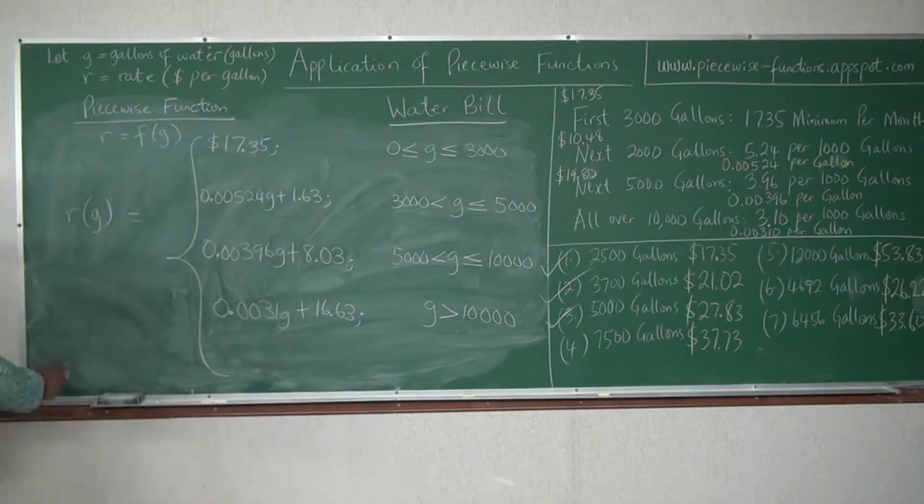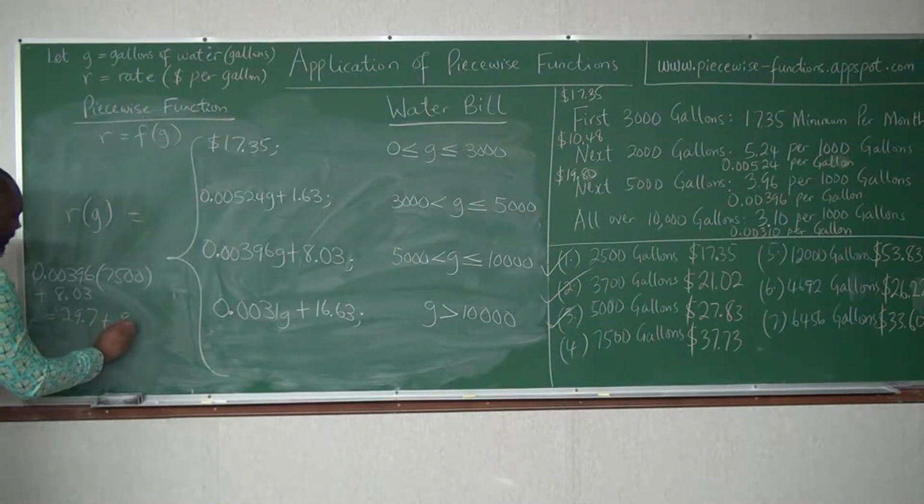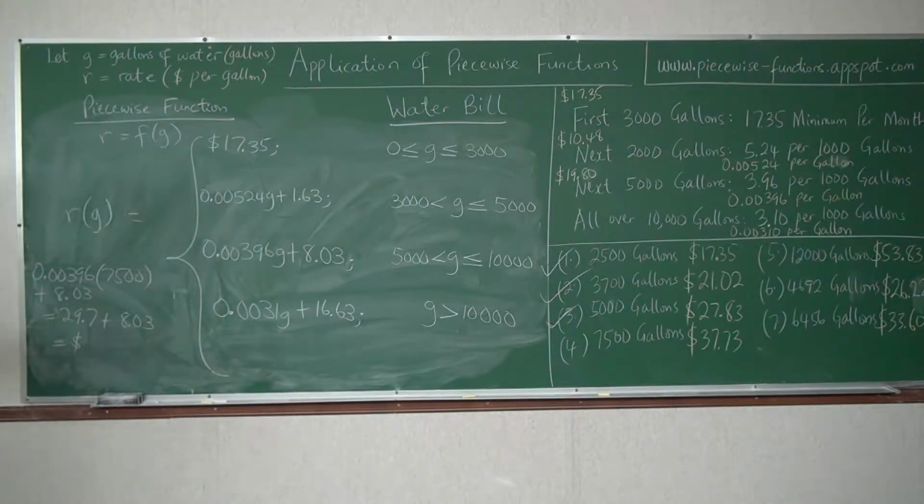So this will be 0.00396 times 7,500, then plus 8.03. 0.00396 times 7,500 is 29.7. 29.7 plus 8.03. You put the dollar sign, okay? Plus 8.03, and that is 37.73.